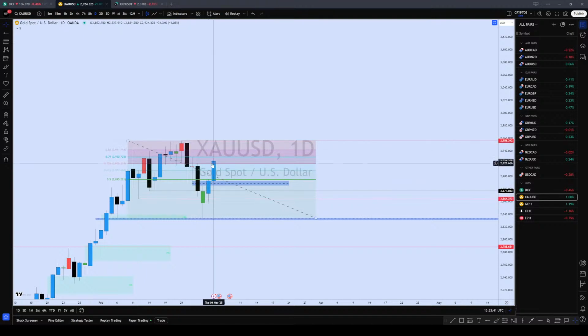So this move that is currently happening, I'm watching on the daily to see how price is going to trade right in here.